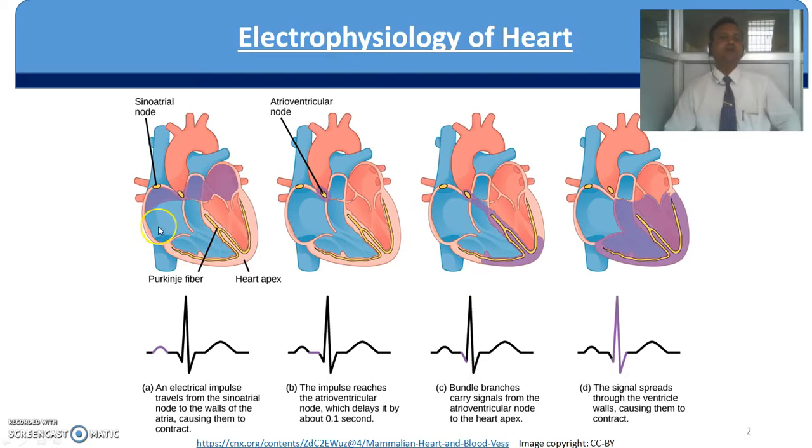In this section, we understand how impulses are generated in heart, and these excitatory impulses are carried across the heart wall, to which the heart muscles respond.